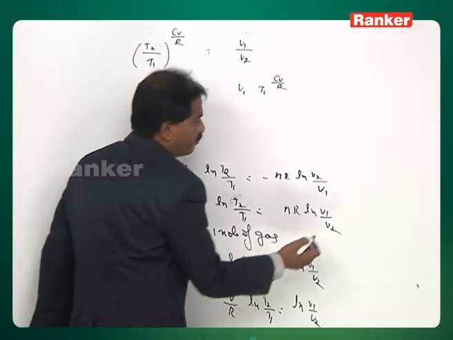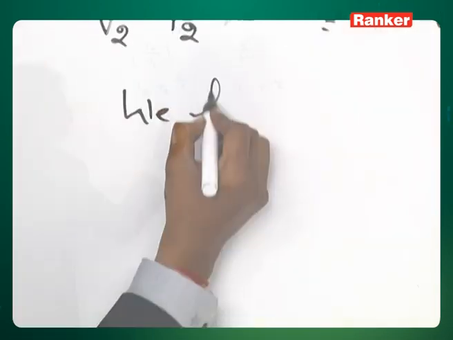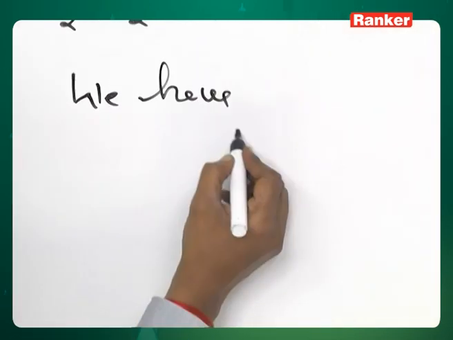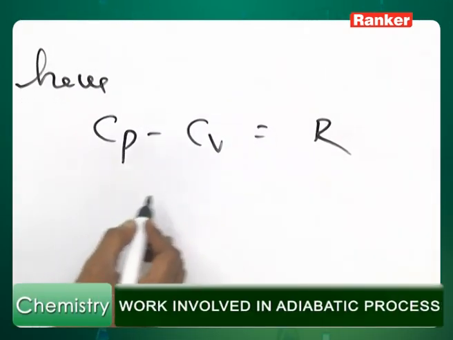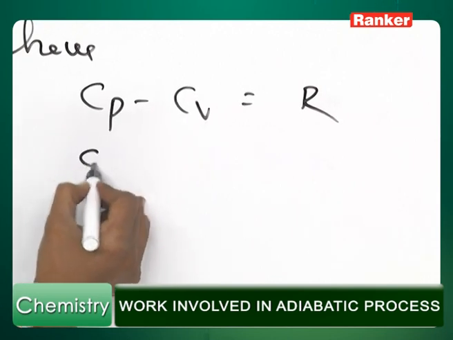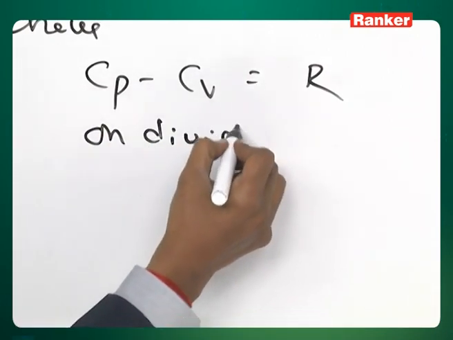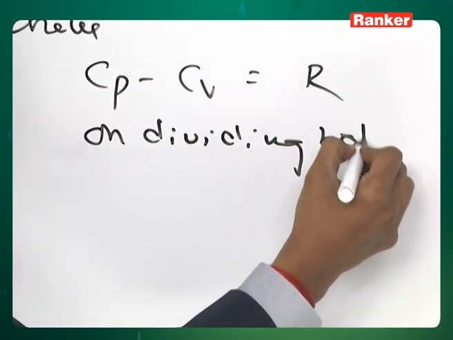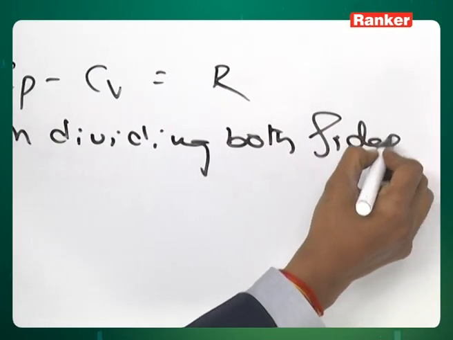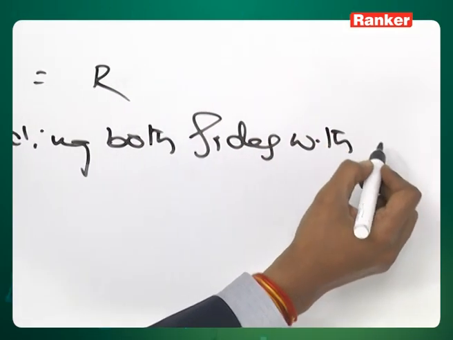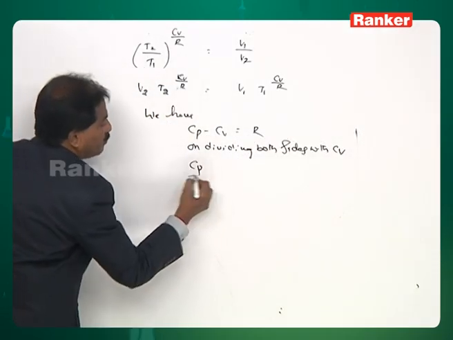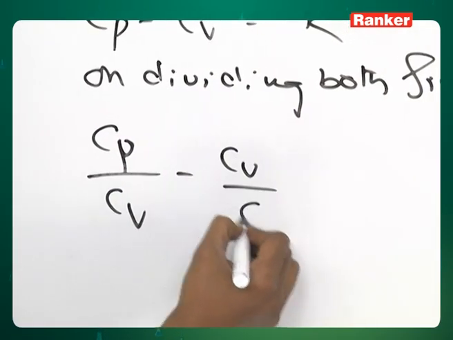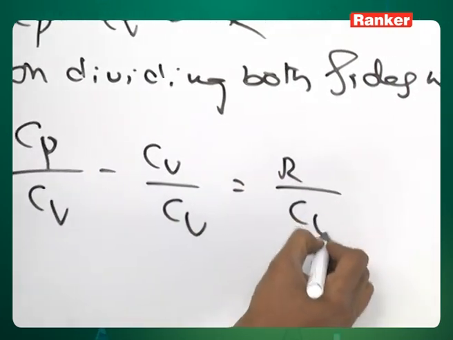Next, in place of Cv, we can introduce R upon gamma minus 1, because earlier we have used this term. We have Cp minus Cv is equal to R. On dividing both sides with Cv, Cp by Cv minus Cv by Cv is equal to R upon Cv.